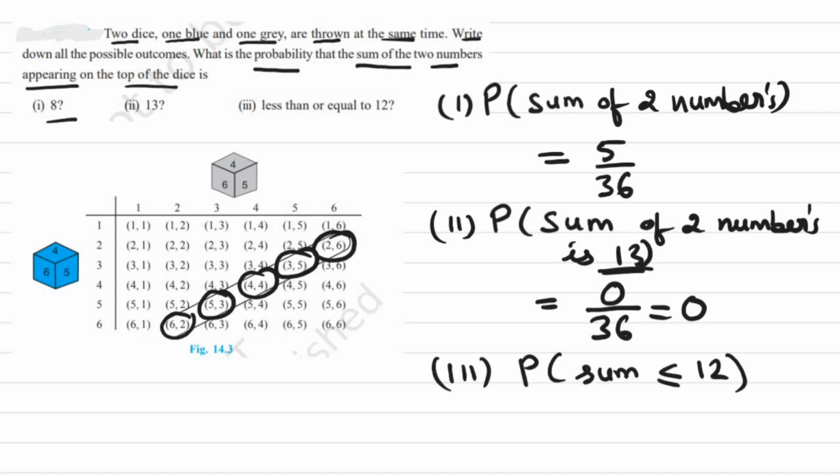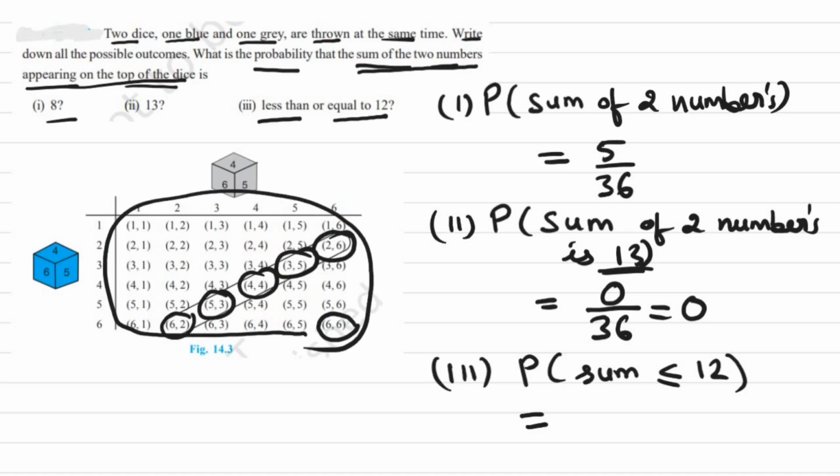And the third bit of the question is, what is the probability that the sum of the 2 numbers appearing on the top of the dice is less than or equal to 12? So here all the numbers appearing on the top are less than or equal to 12. That means the maximum number that we will get is 6 plus 6, which is 12, and it means that all the numbers in this sample space sum up to 12 or less than 12.